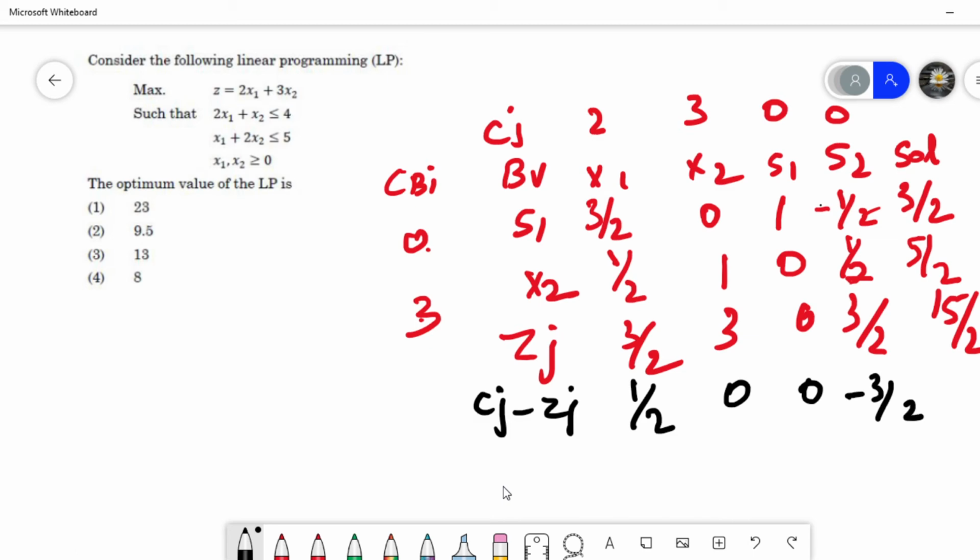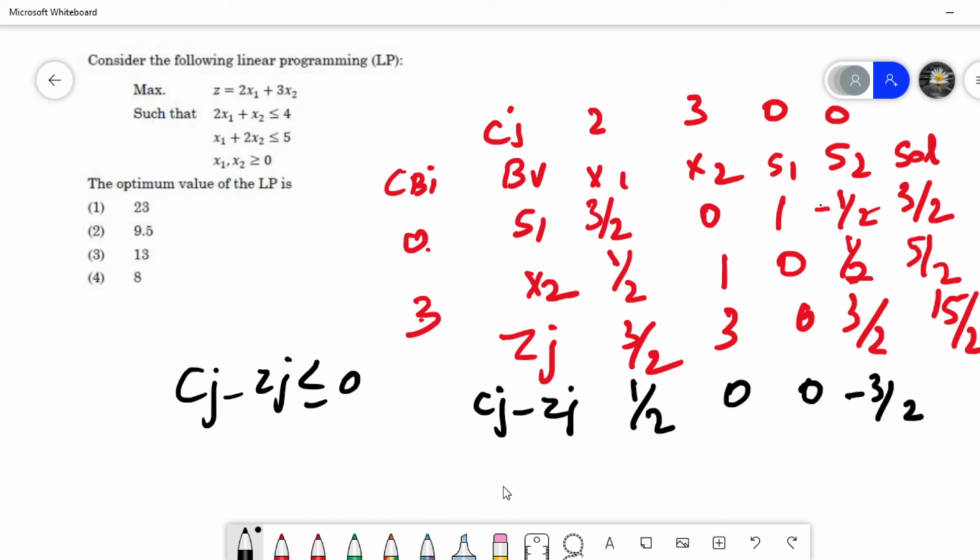So what is the condition for a maximum problem? Cj minus Zj less than or equal to 0. So it is the condition now. The first element doesn't satisfy that, so we didn't reach the optimal solution.